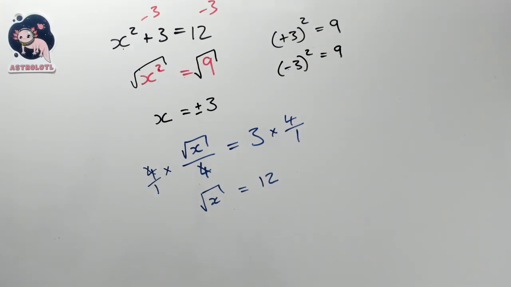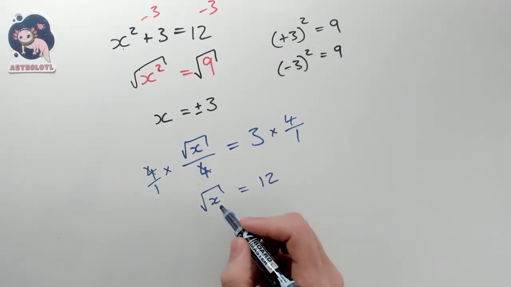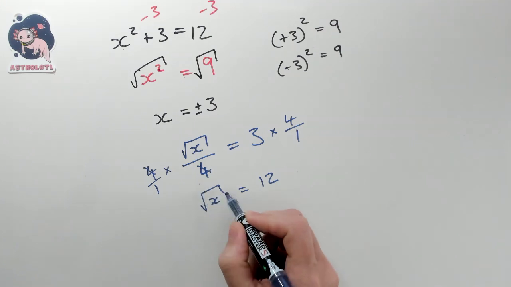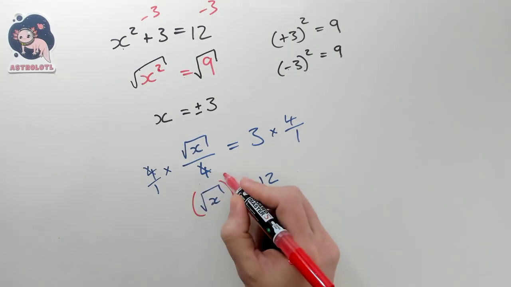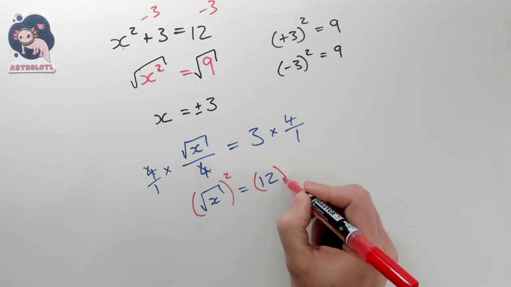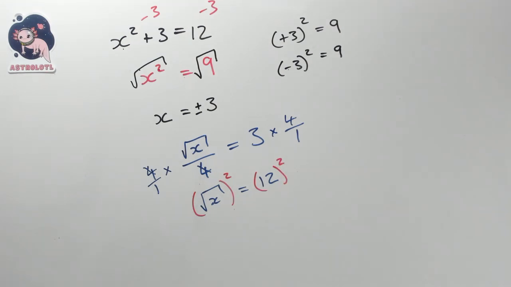And again, yes, I know that you might know the answer already, but how do I undo what's being done? So what's the opposite or the inverse of square rooting? Well, that would be squaring, because that is the opposite. So that would be squaring on both sides, because whatever I do on one side, I have to do on the other side.